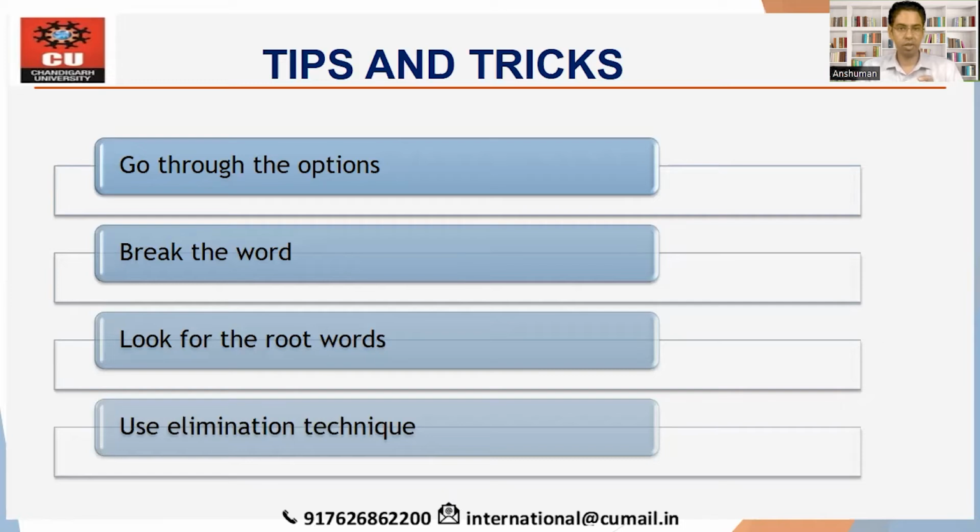Now, this is a very interesting word. Let us try to understand the root words in geology. In geology, geo is a root word which means earth. Logy means study or science. So the science or study of the earth is known as geology.